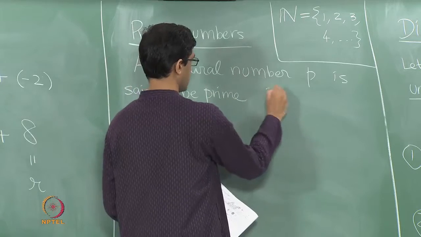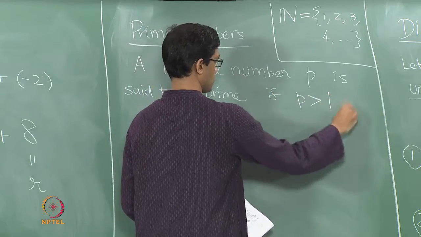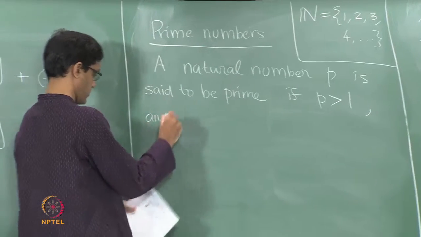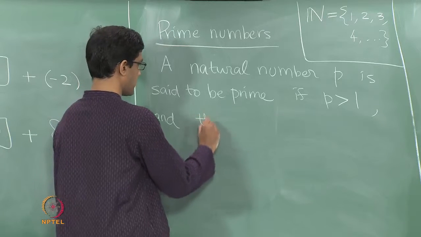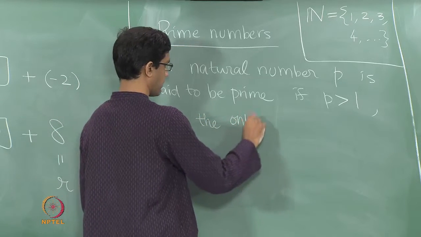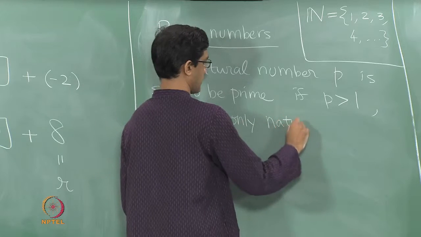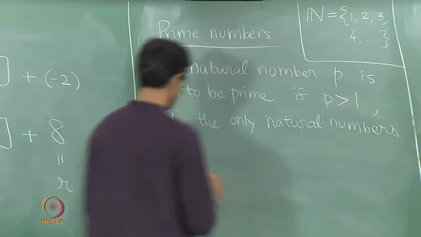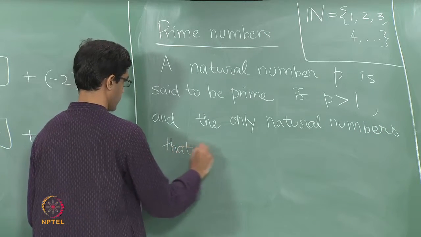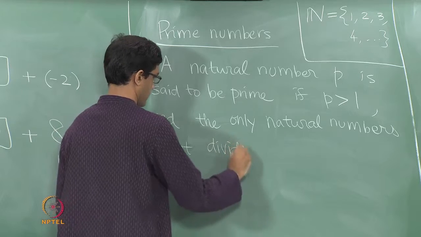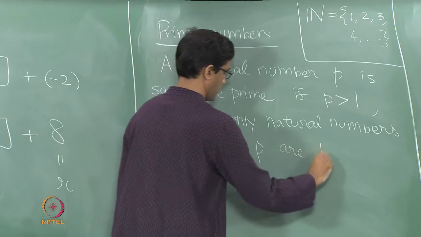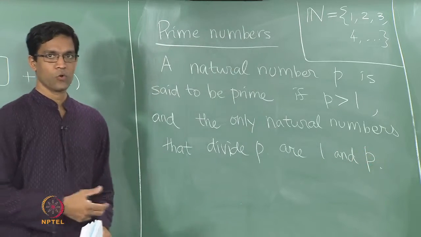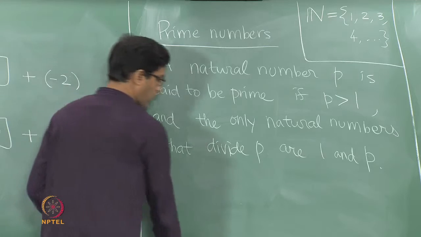if firstly p has to be at least 2, so p strictly greater than 1, and further the only natural numbers that divide p are 1 and p. So it has no other divisors other than 1 and itself.